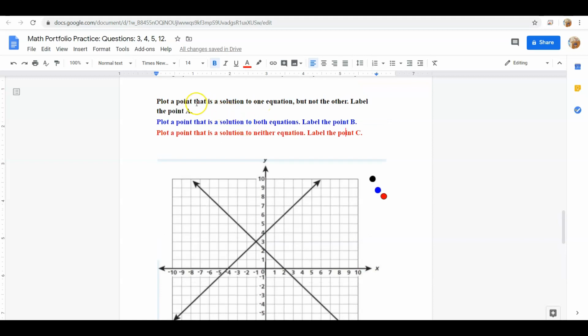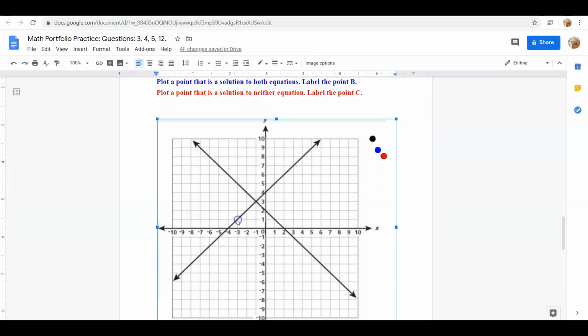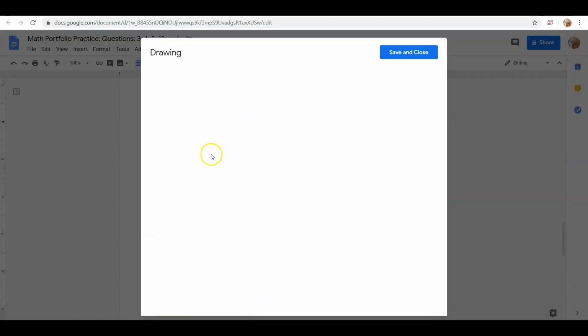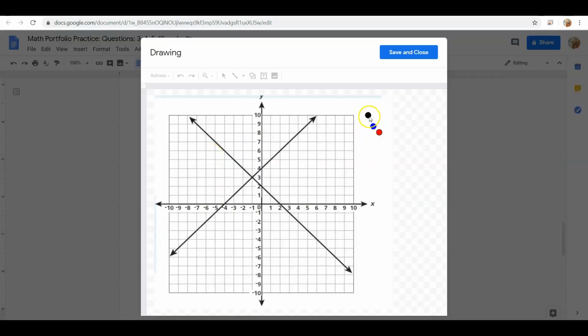So let's work with A, and we're going to figure out where on this graph we can plot this point in a location that is a solution to only one of the equations. Now, I told you to look at these two lines and say that this line is one equation, and this line right here is a different equation.